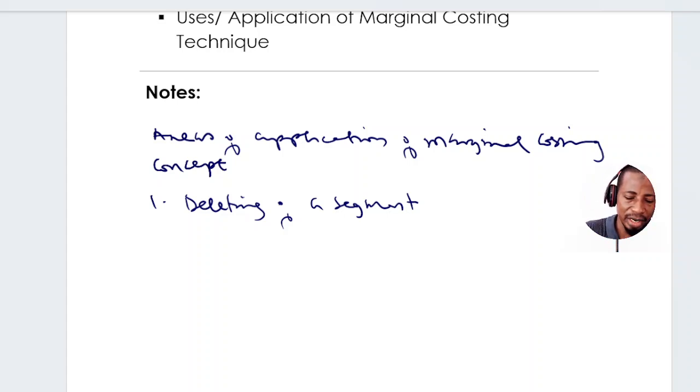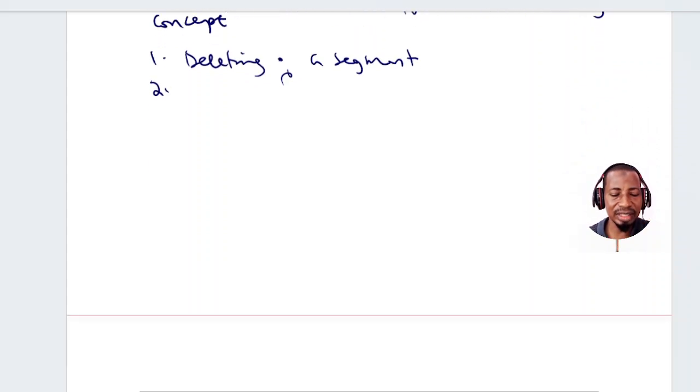The second area where marginal costing concepts can be applied in decision making is the make or buy decision.